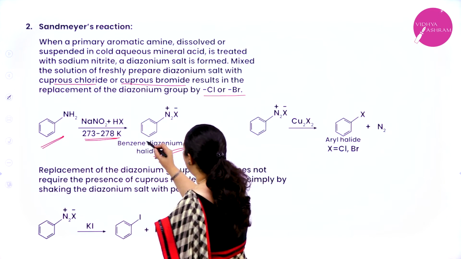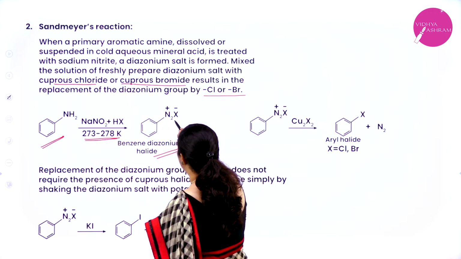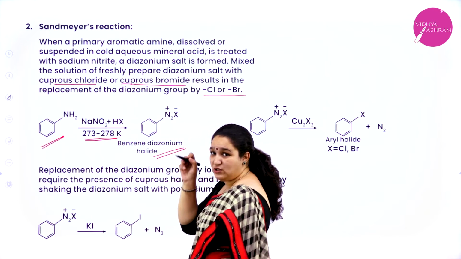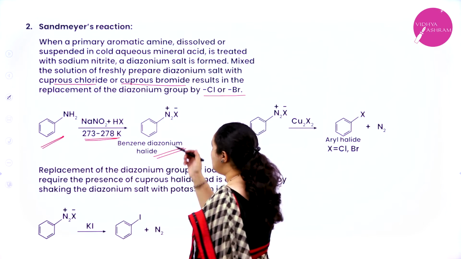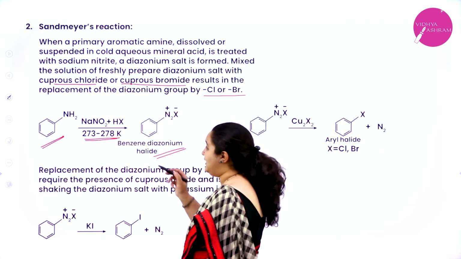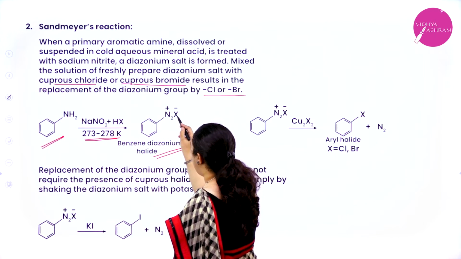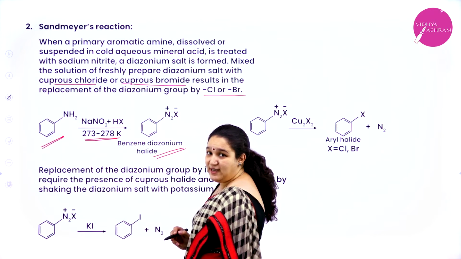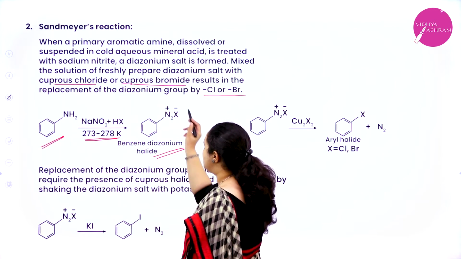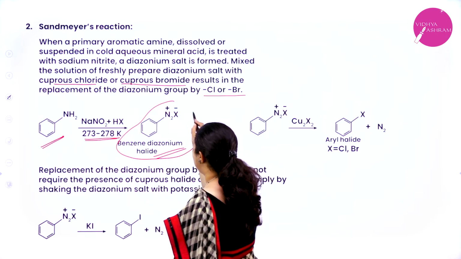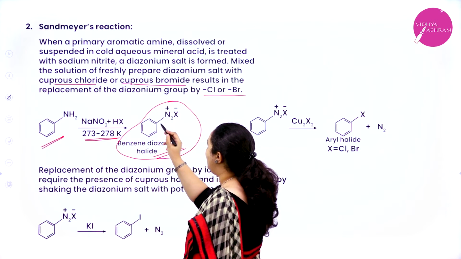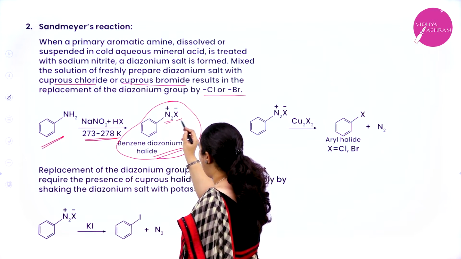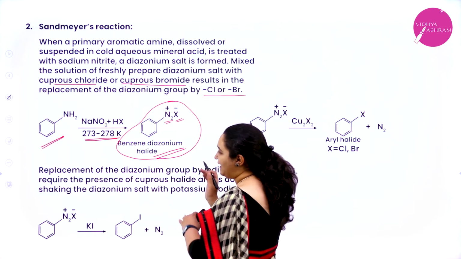Now you have the benzene group, and you have a diazo group. Azo means nitrogen. Diazonium means you have N2, isn't it? That has the positive charge, and the halogen ion is next to it. So this compound is called benzene diazonium halide. So that is formed.